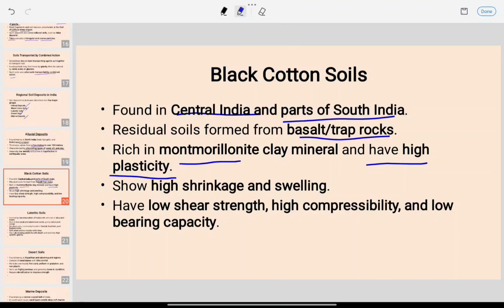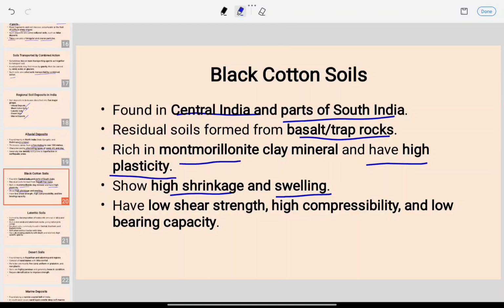One of the most important characteristics of these soils is that they show high shrinkage and swelling behavior. When they get wet, they start swelling, and when they become dry, they shrink rapidly.